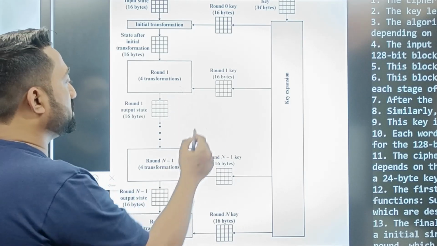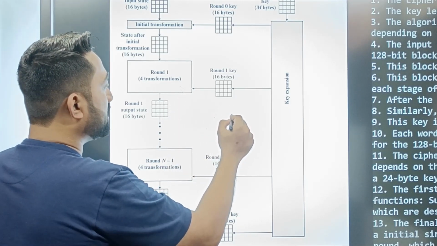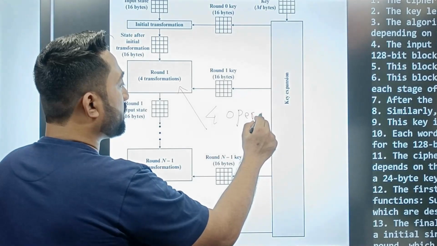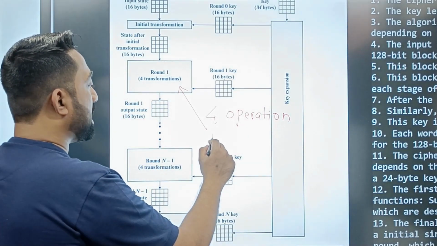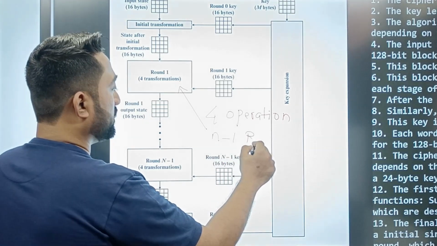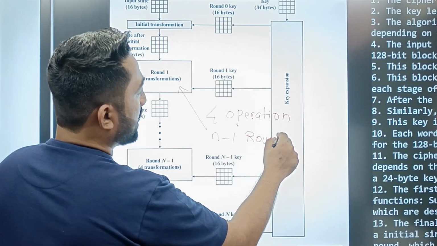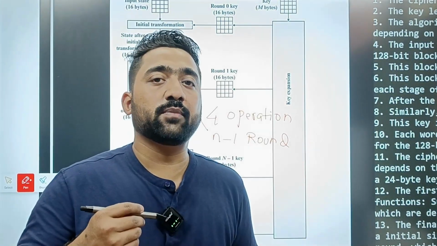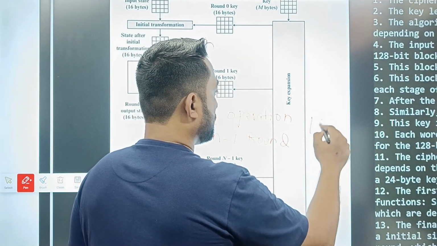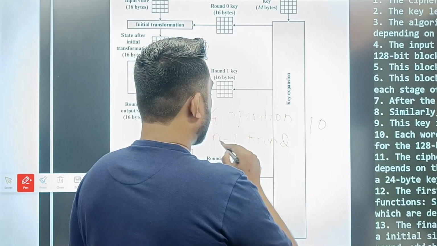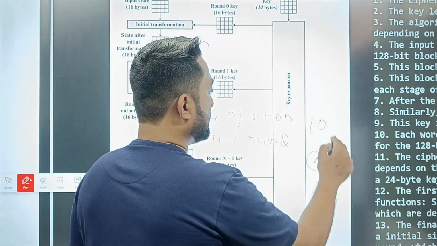which has 4 transformations happening inside it, or we can say that 4 operations are happening inside each round until we reach n-1 round. So in our case, we are using the 128-bit version of AES, so we will be having 10 rounds, right? So in my case, my n value is nothing but 10.